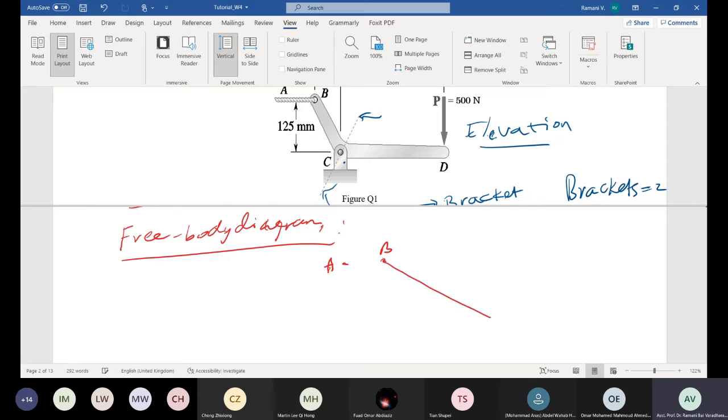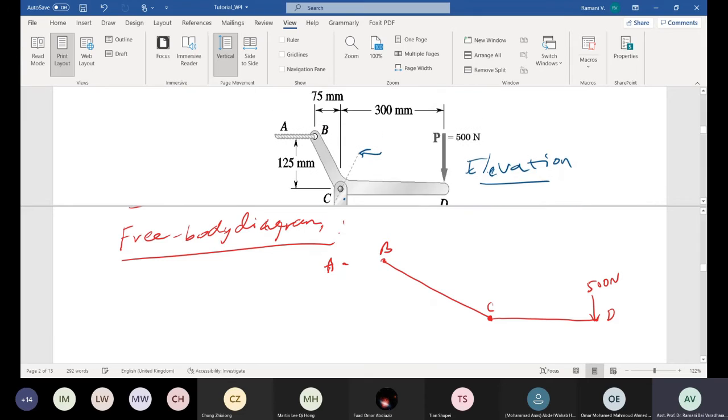This member, I draw this member, is only the support, so I just leave it like that. No need to bother about this one. And then, starting from here is another point C. You have C here and another member going on, and the point is D here, and you have a load of how much? 500 newtons. What else is given to you? The distances matter. Please draw the distances, right?